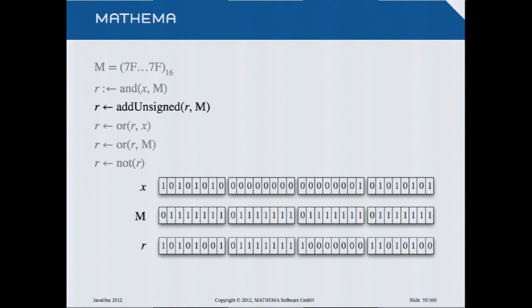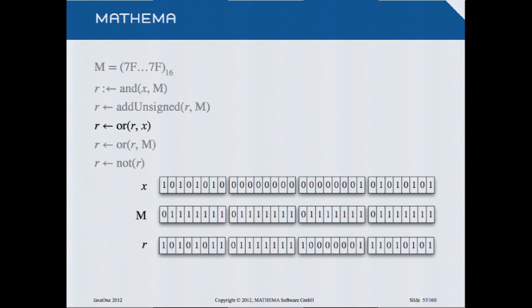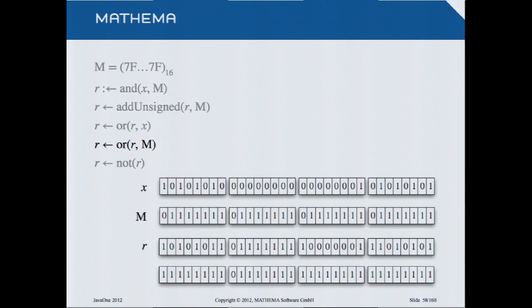Then we OR it to have the first bit which we eliminated in the first instruction. Then we OR it with the mask.